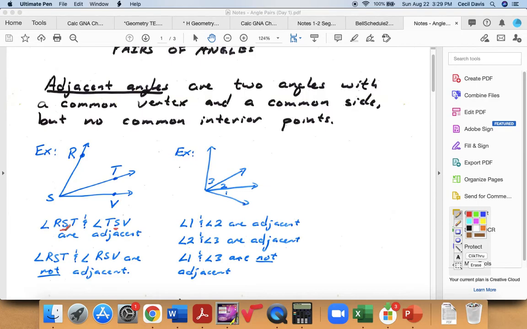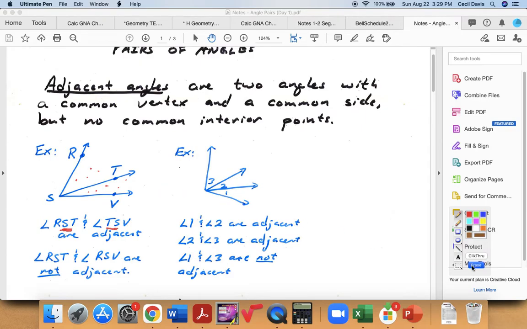For this one, I have a side that's ST, and the other side is SR. They share a side. They share ST. Both of them have that same ray in them. So that's two of the qualifications, and then the other qualification is that if you have a point inside of the first one, it can't be inside of the second one, and vice versa. If I have a point inside the second angle, it cannot be inside the first one.